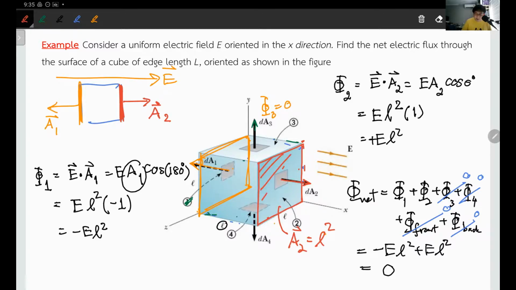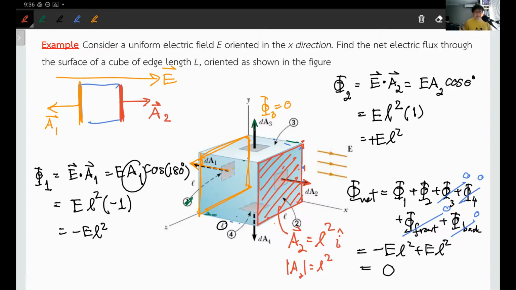The whole surface over here has an area of L squared. If you want to add direction to it, I can say it's pointing in the x direction, so I can say it's L squared i hat. But the magnitude of the area itself is just going to be L squared. Would that sound reasonable? Okay, very good.